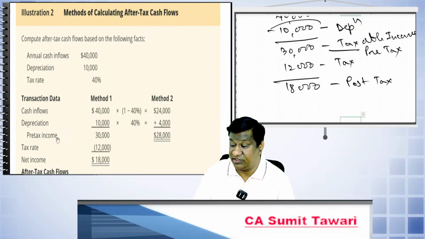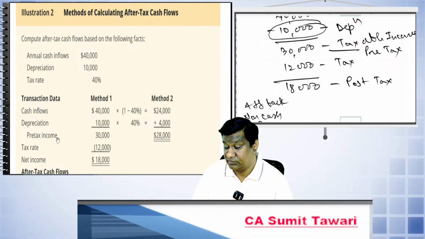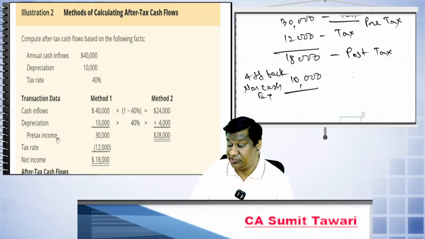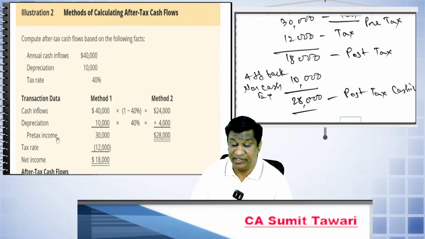Because I deducted 10,000 non-cash expenses, I need to add it back, which is 10,000. So my post-tax cash inflow is 28,000. That I need to consider.